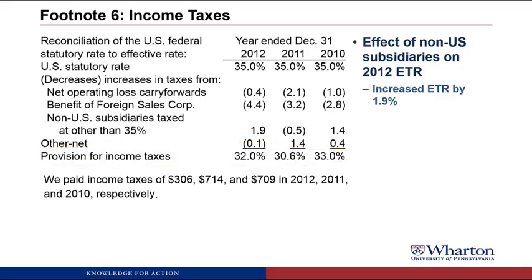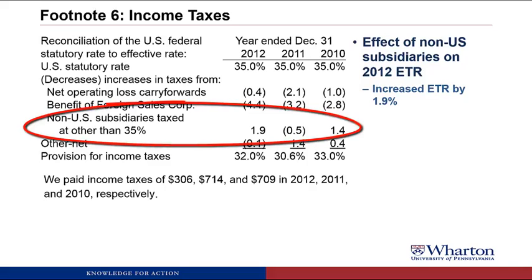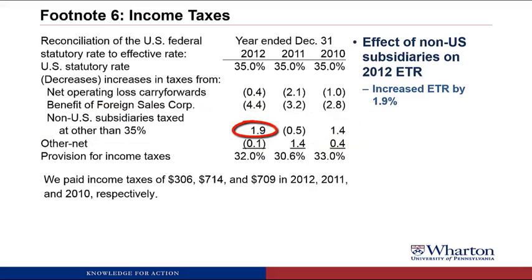The question was what happened with the non-U.S. subsidiaries, and as you can see on this line here, non-U.S. subsidiaries taxed at other than 35% increased the effective tax rate by 1.9%. So what that represents is essentially extra tax on the same pre-tax income. So we have that extra tax for the financial statements that affects our income tax expense, but that doesn't ever show up on our tax return. We can't use that extra tax as a deduction on our taxable income.